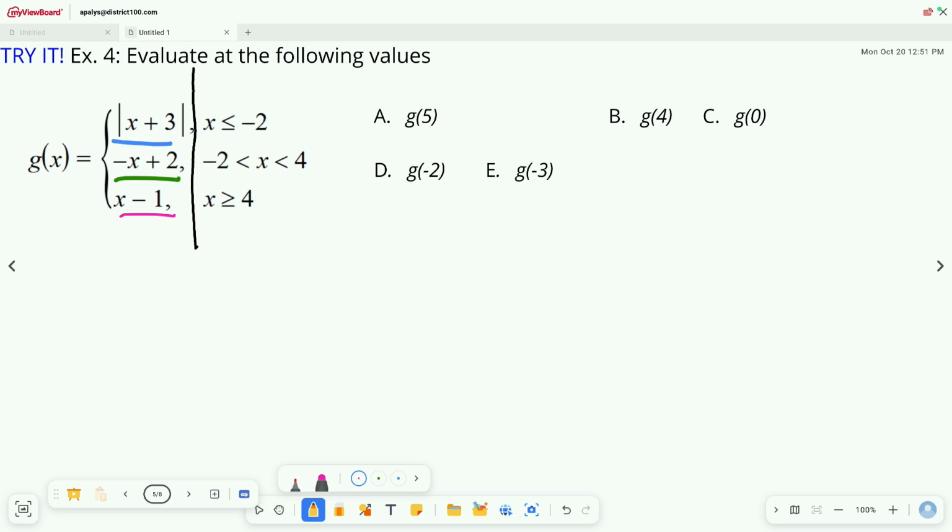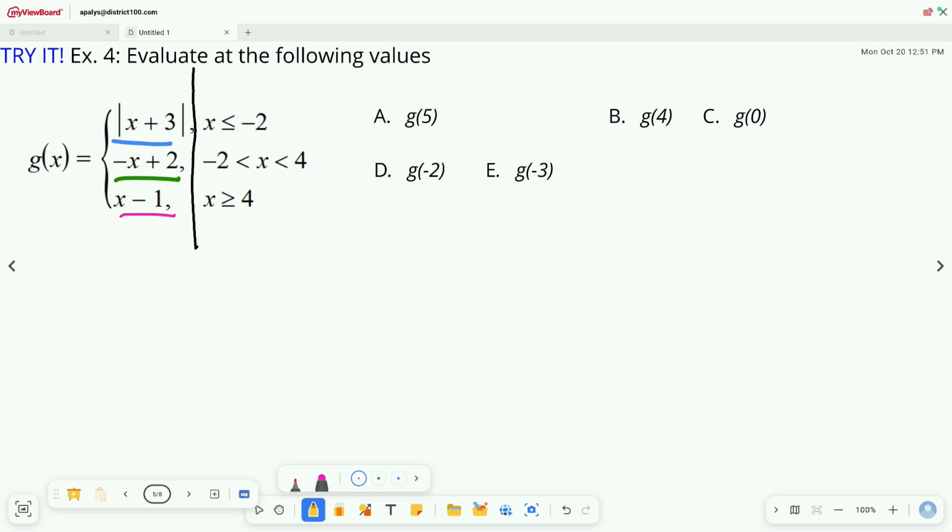So your biggest thing is that you need to understand what the inequalities are saying. That's what is going to mess people up in this, is that the x's are less than or equal to -2. So only the x's that are less than or equal to -2 are the ones that are going to use blue.